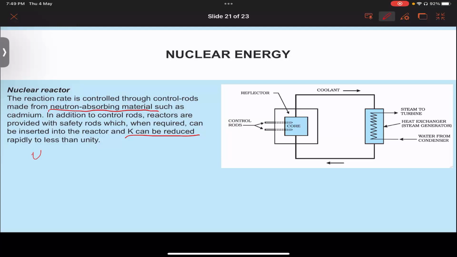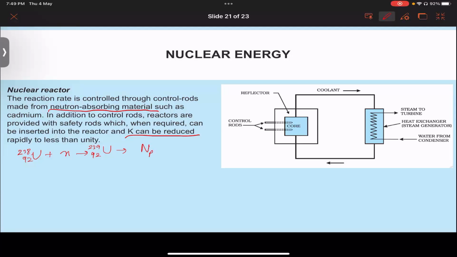The very abundantly found isotope is uranium-238. Uranium-238 is the most commonly used and naturally occurring, and it is non-fissionable. So how do you convert it to something that decays and gives out the energy we need? You bombard your U-238 with a neutron, and with that you get uranium-239, which then starts decaying.